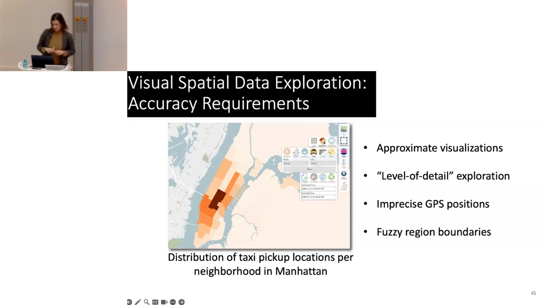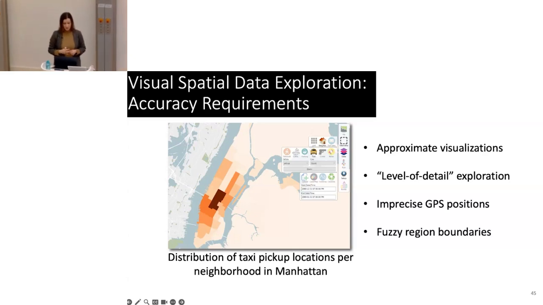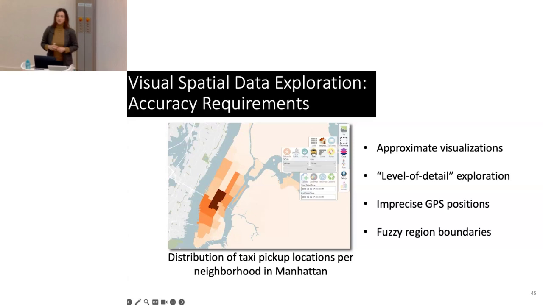The other observation is that typically, as a user of a visual system, you do level of detail exploration, which means that you start with a more high-level overview, where the low-level details are not so important, and then you typically zoom into smaller regions to get more accurate results. So again, for this high-level view, it might be okay to be less precise.